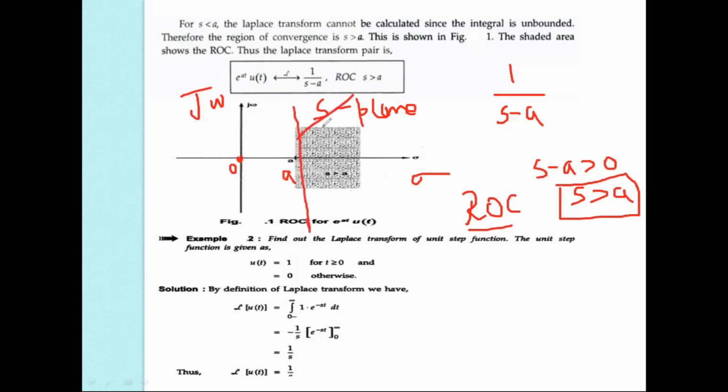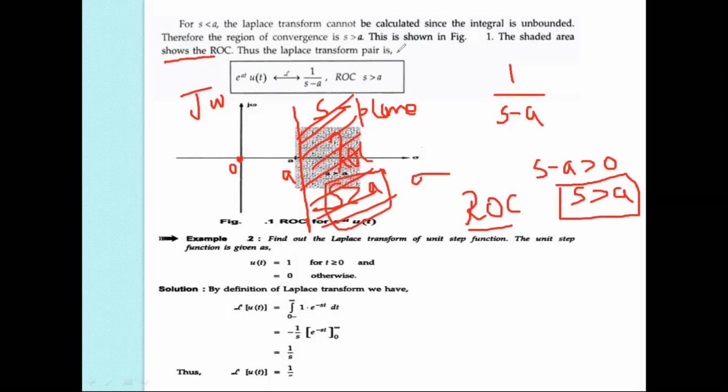Above the a value, the total area is the region of convergence. The shaded area here, above a, is the ROC: s greater than a, the region of convergence.